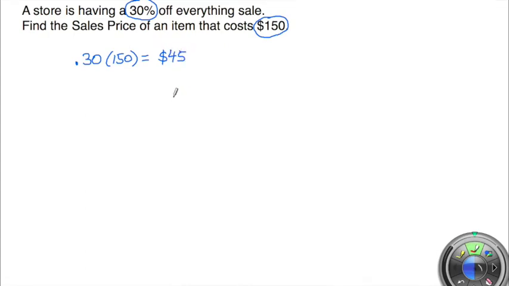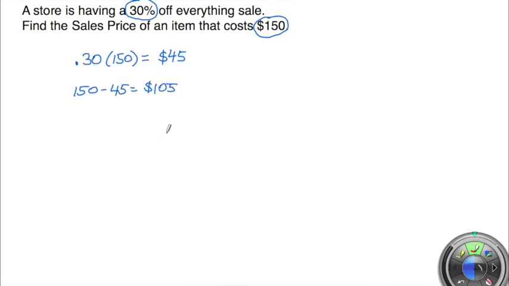But you really should be more interested in how much it's actually going to cost you. So to find the cost, the 8th grade style, now you have to take the $45 away from the 150. So 150 minus the 45, that leaves you $105. So it's still going to cost out of your pocket $105 before tax.